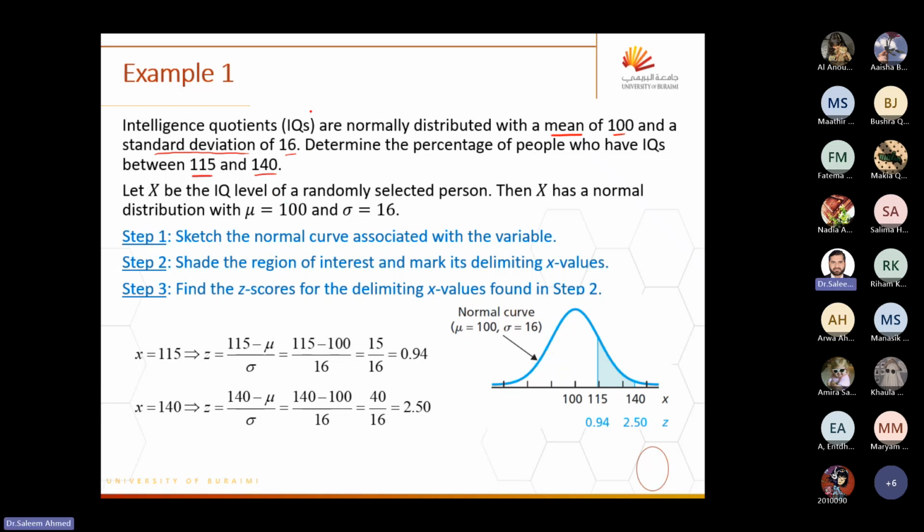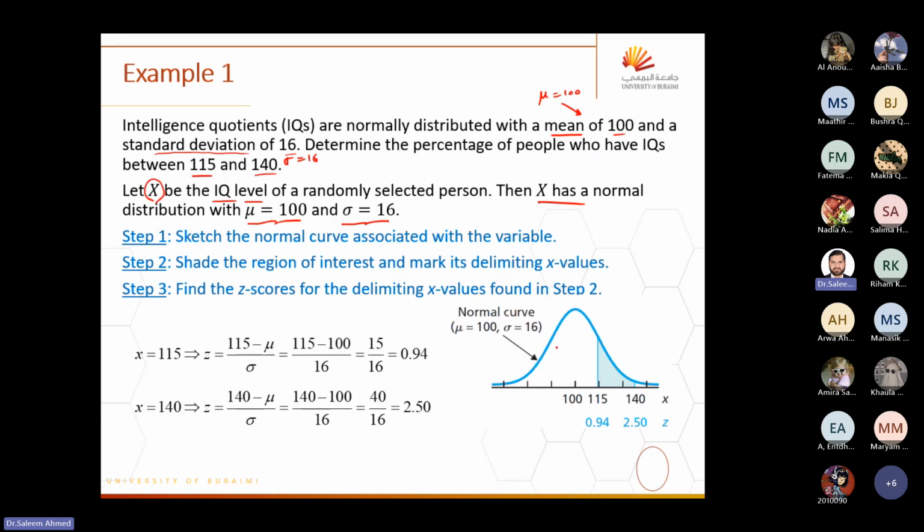First of all, I will define my normal random variable, because intelligence quotients are normally distributed. I will say, let X be the intelligence quotient level. Then X has a normal distribution with mean 100 and standard deviation sigma, because they are given, right? So from here, mu is given as 100 and sigma is given as 16. Now, the first step is that if you can sketch a normal curve, that's the best thing.